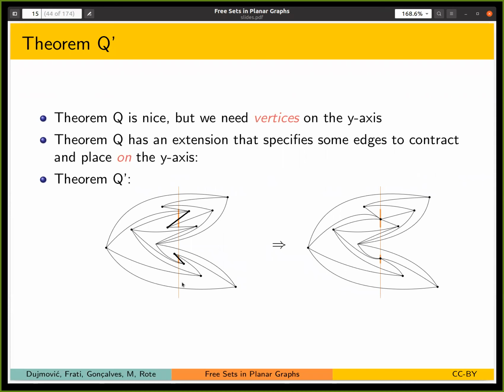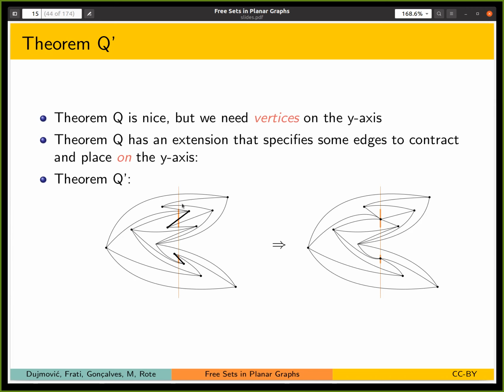It's not hard to get from there. So that's an example which actually seems quite far from what we want for collinear sets, in the sense that we want vertices on the axis, not edges. But it's not hard to get from there to a situation where you talk about something that's like a quadrangulation.